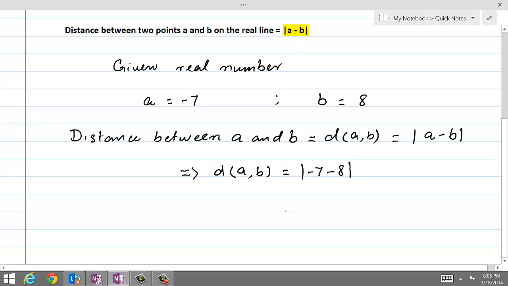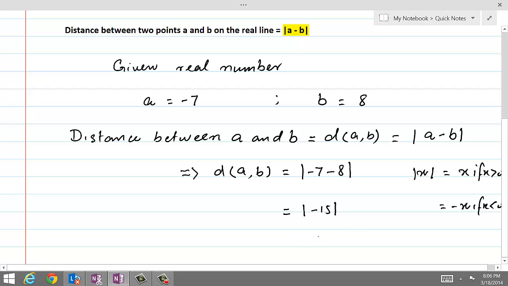And here we can calculate this difference, which is equal to -15, and we know from the definition of absolute value of a real number, if we take the absolute value of x, this is equal to x if x is greater than 0, and this is equal to -x if x is less than 0.